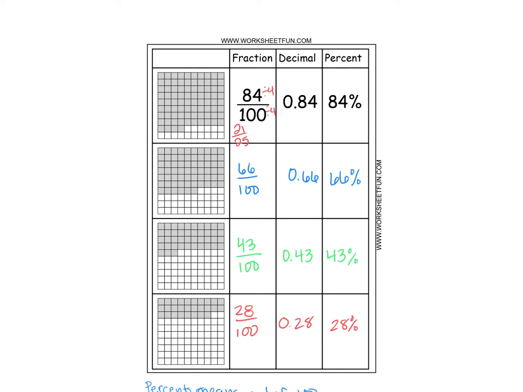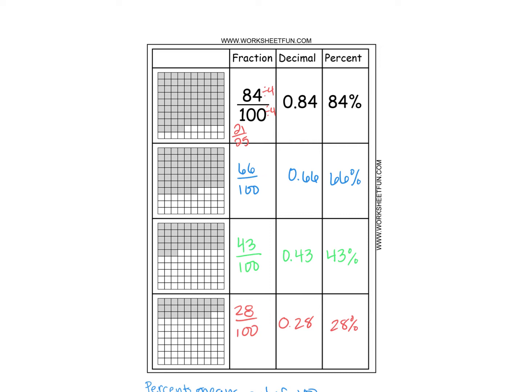So that means they're equivalent. 66 hundredths and 66% all represent the same amount. So again, those are equivalent numbers. I can write that shaded amount as 66 hundredths as a fraction, 66 hundredths as a decimal, or 66%. Again, it's all talking about the same amount.